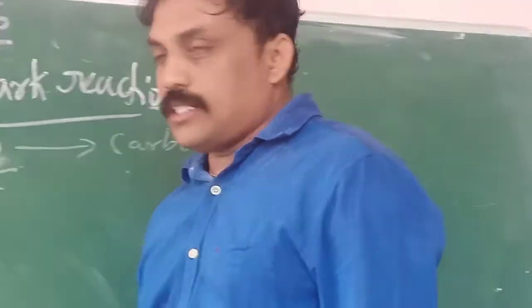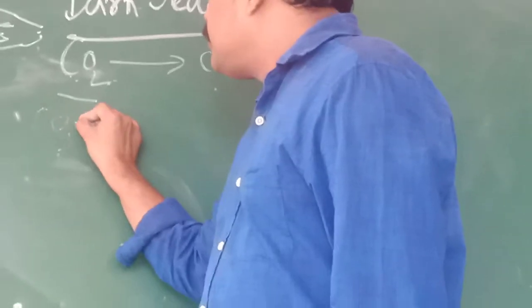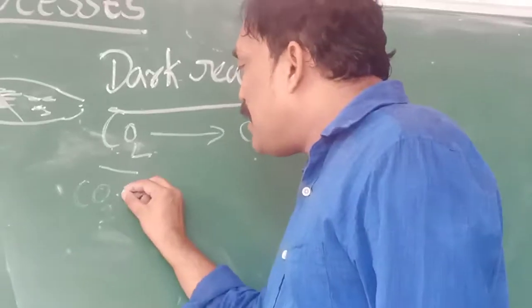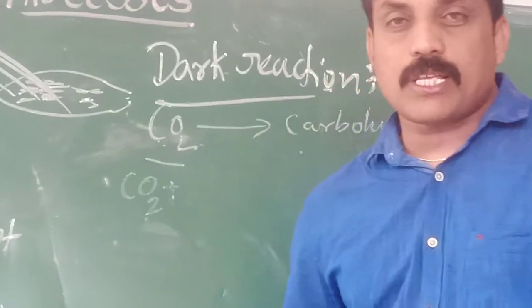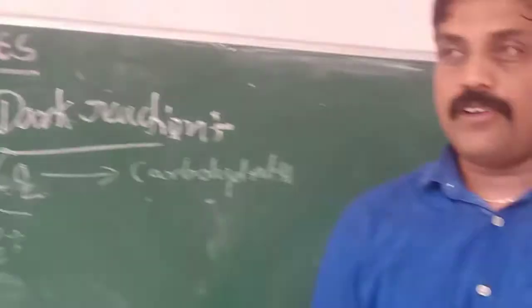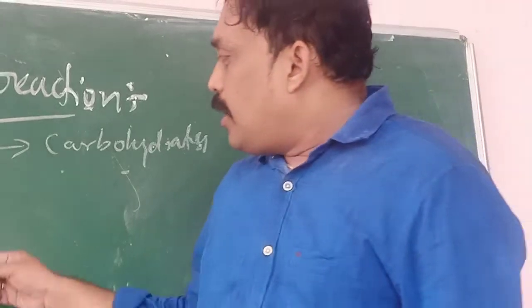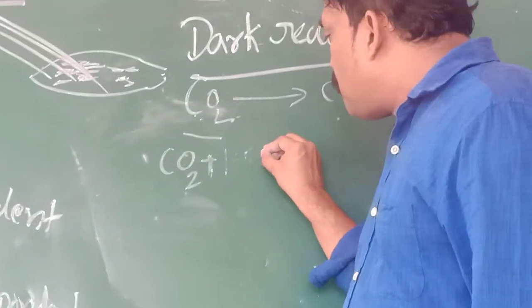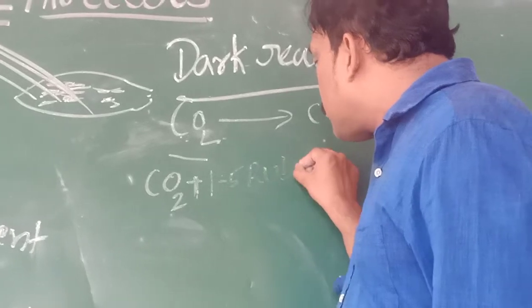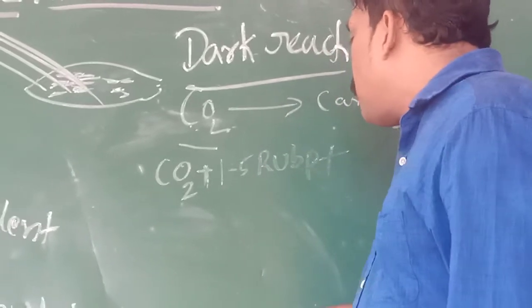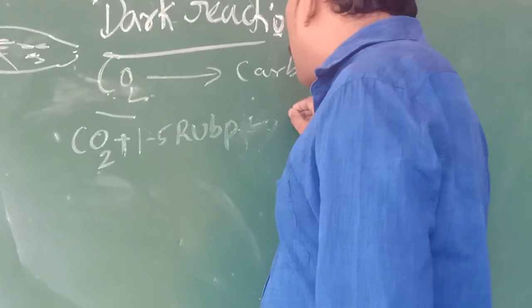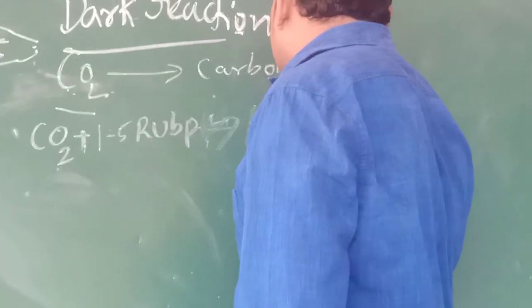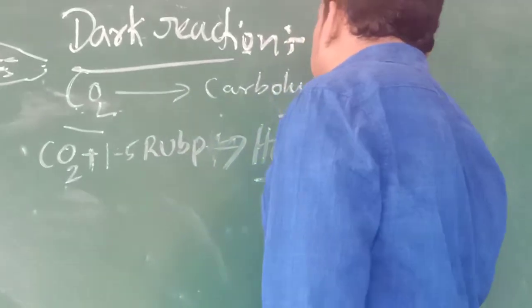How? Slightly we have to discuss. Carbon dioxide reacts with intermediates present in the leaf, for example 1,5-ribosyl biphosphate. It reacts with 1,5-ribosyl biphosphate and forms hexose sugar.